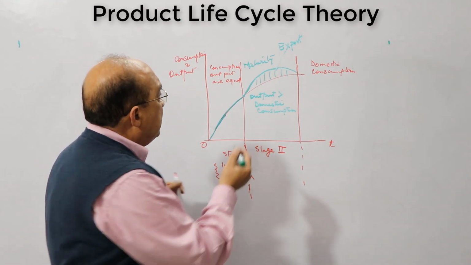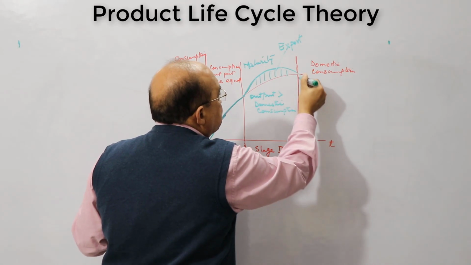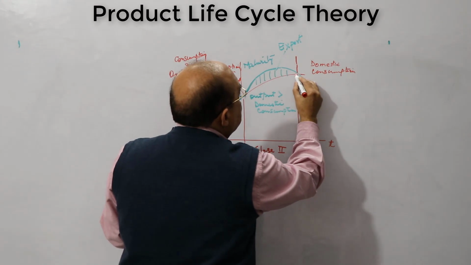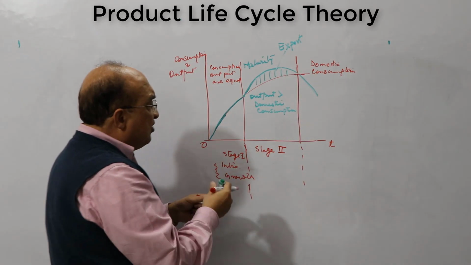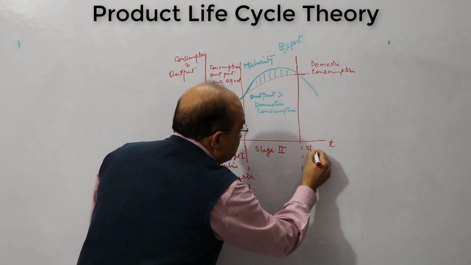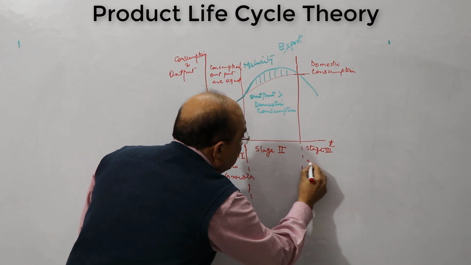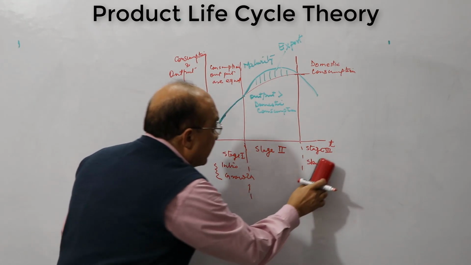Then the next stage will come, which is this. And remember, this is your consumption curve. And this is stage 3. This is the stage when the good becomes standardized.